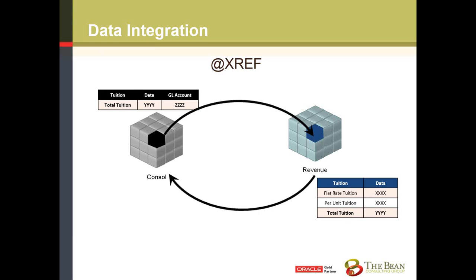The problem with that can be, we don't always know when things are getting updated over here in the revenue cube, so we don't know quite when to call that XREF on the console side to force that update. So you can wind up where at certain times things in the revenue cube might be a little bit different than the console cube if you haven't forced that synchronization.